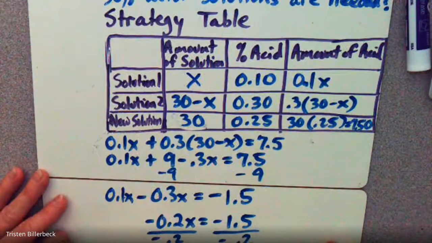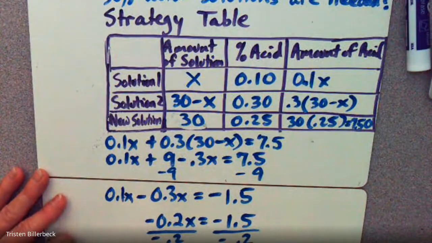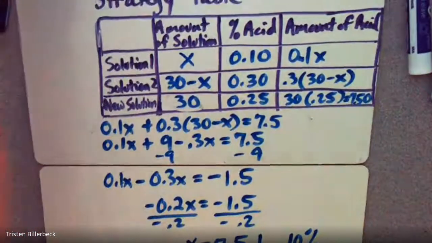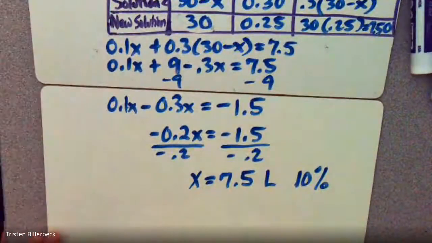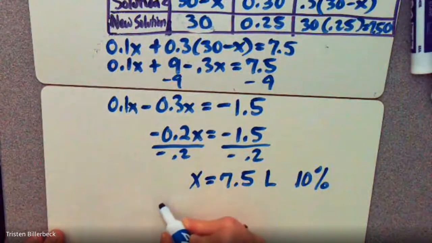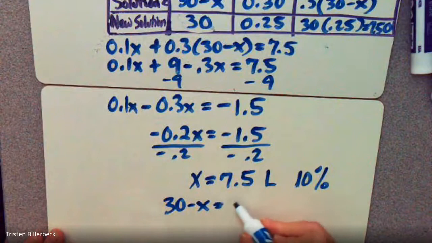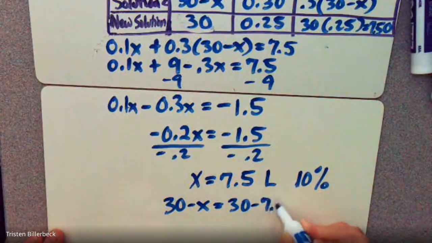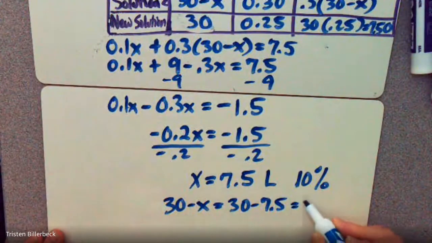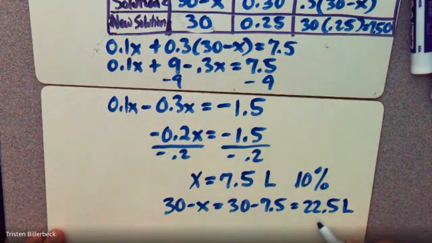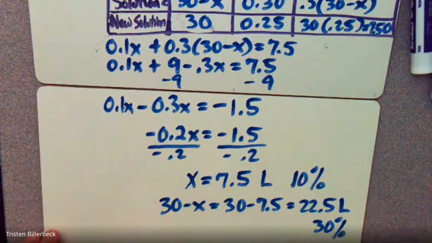So we're going to use 7.5 liters of the 10%, and then the other solution is going to be 30 minus x, which is 30 minus 7.5, which gives us 22.5 liters of the 30% solution.